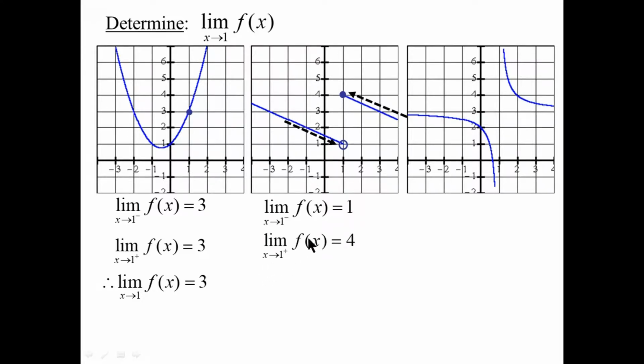As x approaches 1 from the right, we have to go to the function and approach an x value of 1 from the right. We come to a y value of 4. These aren't equal, so we have to say this. The limit as x approaches 1 does not exist. The two-sided limit doesn't exist.